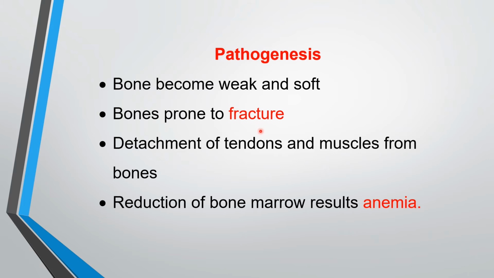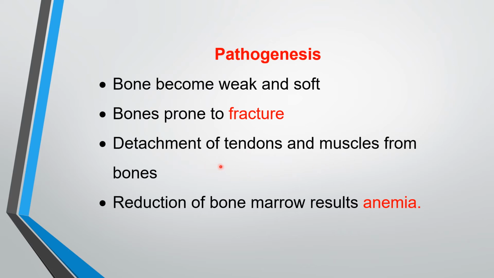Sometimes, as I already told you, folding fracture, bending of the bone because of fibrous tissue. Sometimes pathologic fracture. In advanced cases, resorption is to such an extent that bone becomes very weak. Even spontaneous fracture occurs. And because of this, the tendons and muscle attachments are in difficulty.